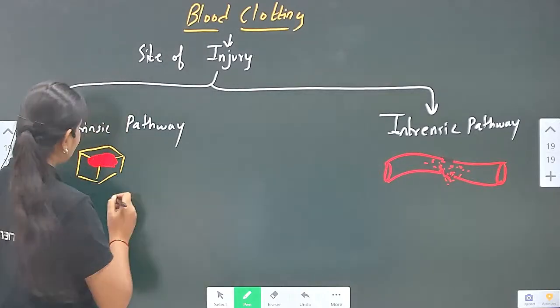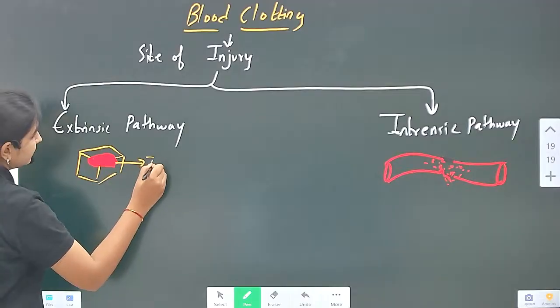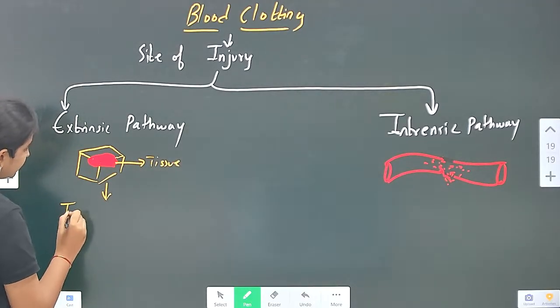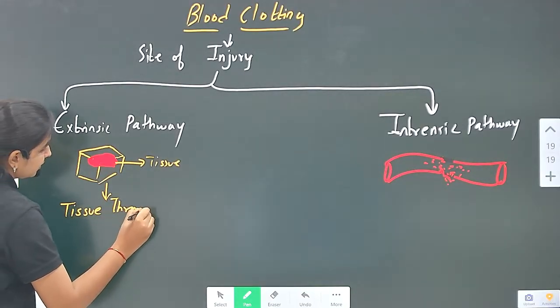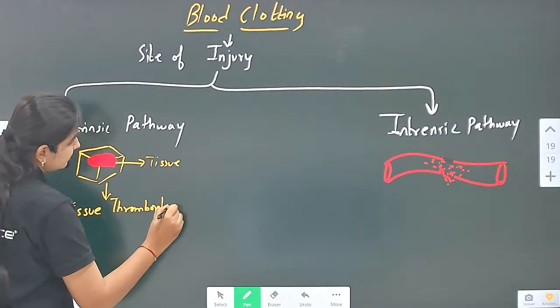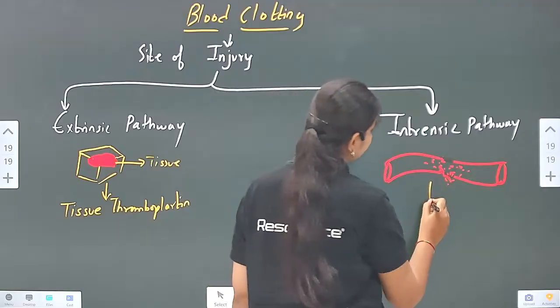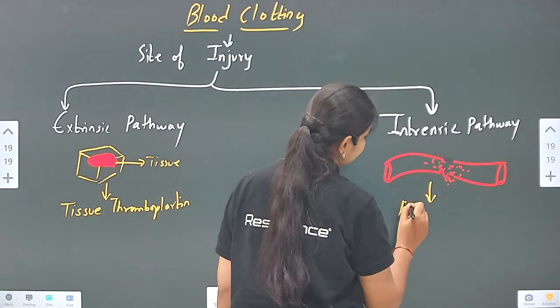Now here what will happen? This tissue will be releasing what? The tissue thromboplastin. Whereas here they will be releasing what? The platelet thromboplastin.